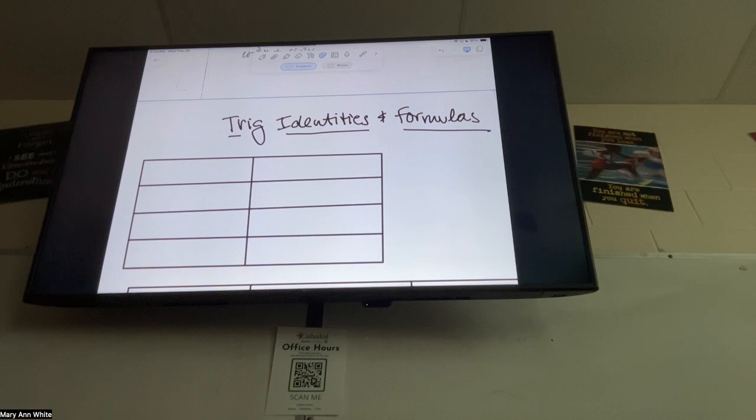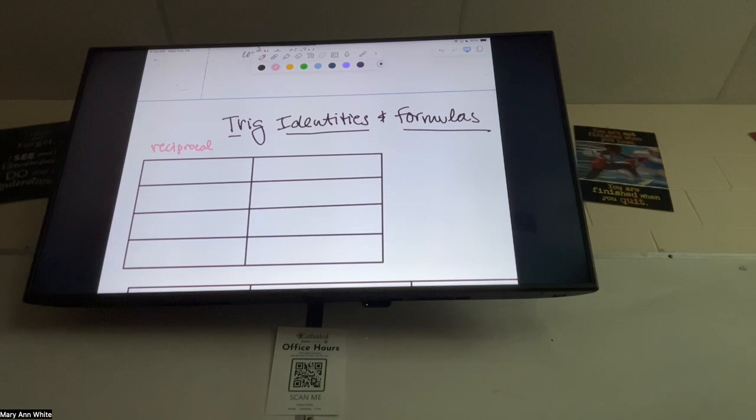These first few are normal. They are ones that you should be familiar with. If we wanted to have a name for them, we could call them reciprocal trig identities.